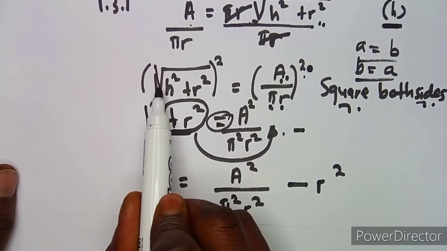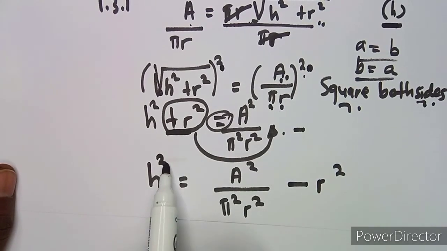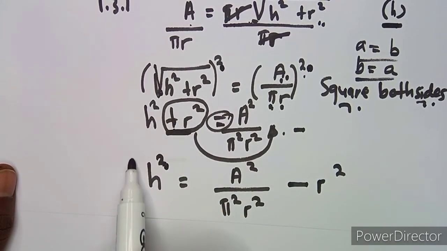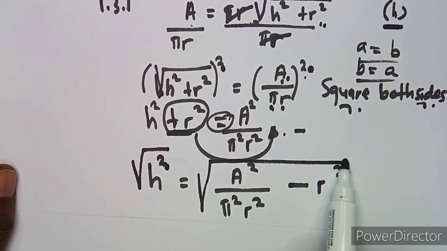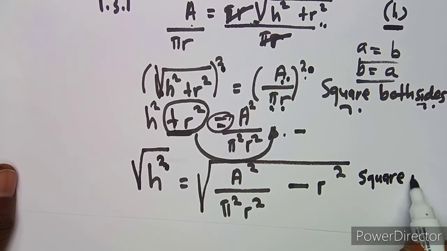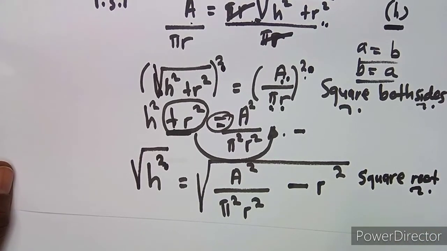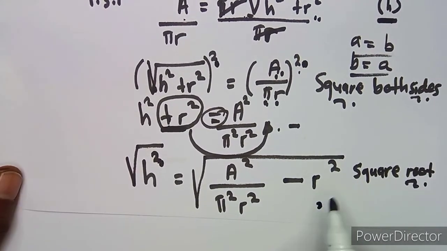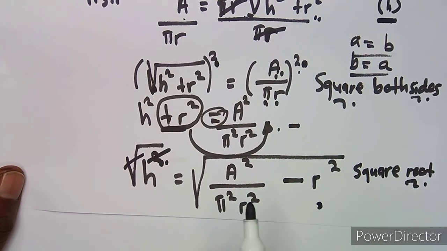Remember, when there was a square root, we introduced the square. So to remove a square, we introduce a square root. So we introduce the square root on both sides like this. This time it's square root, not square, on both sides. The moment you introduce the square root on both sides, this will automatically cancel that square.